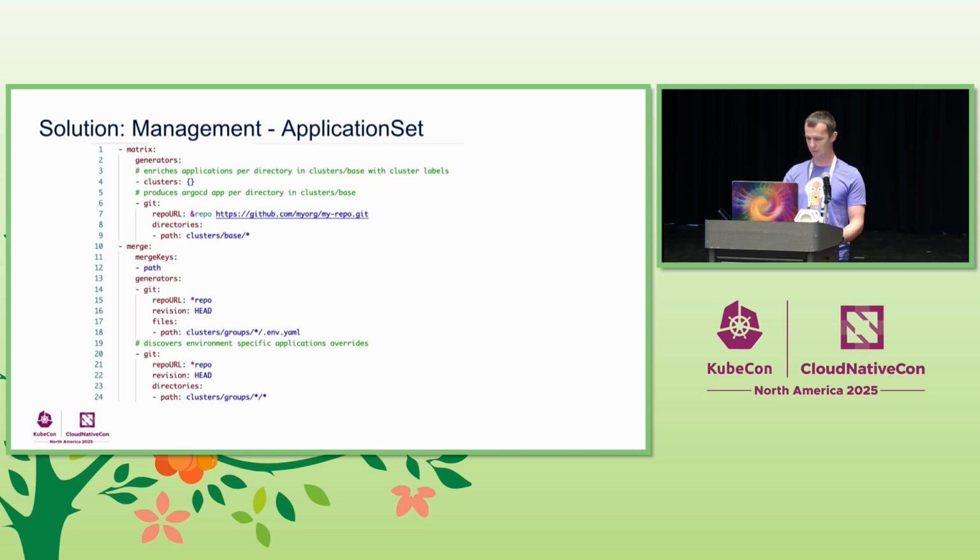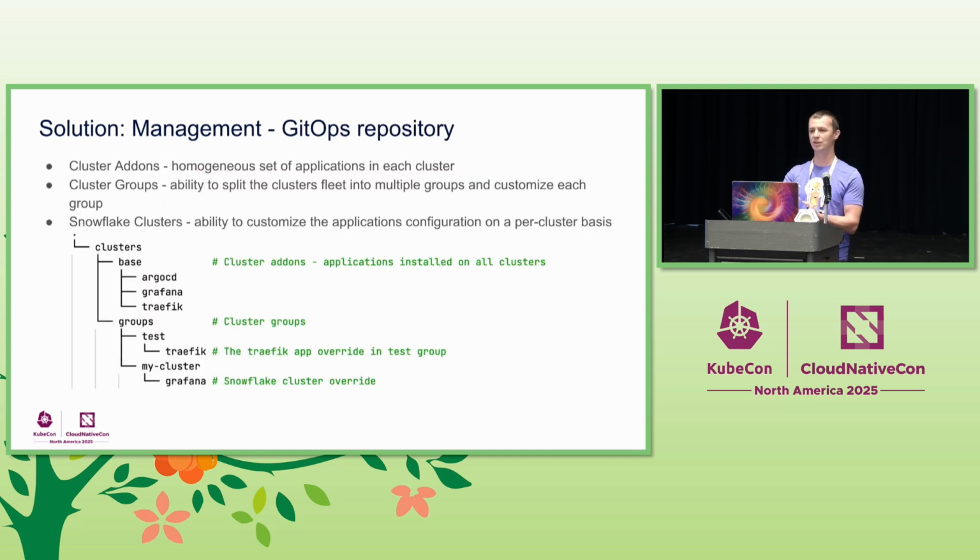And I want to describe what this configuration does and describe the directory structure in the GitOps repository that we came up with. So just a quick refresher about what we were trying to achieve.